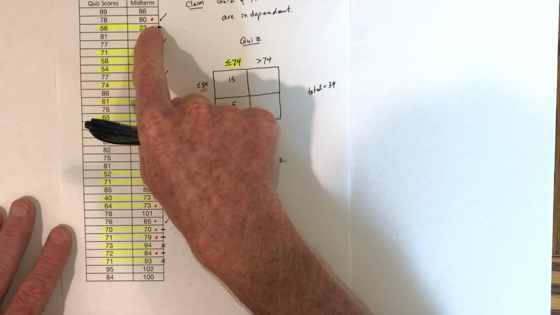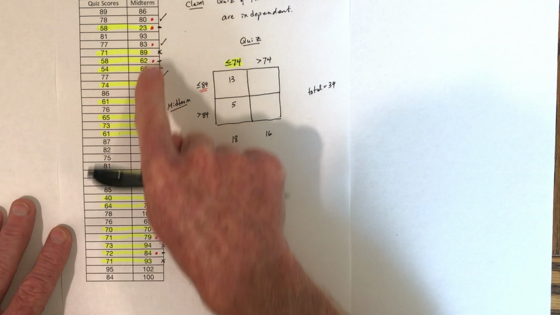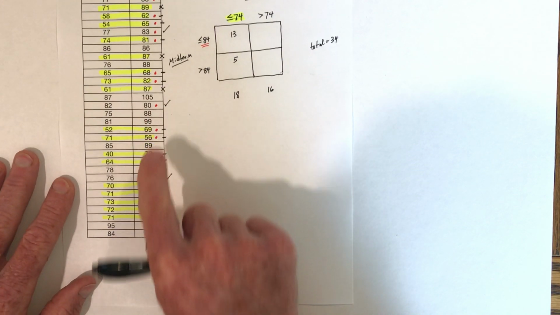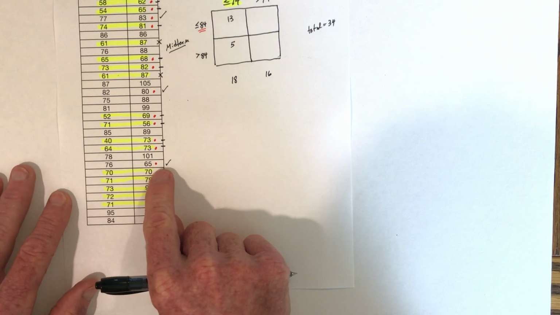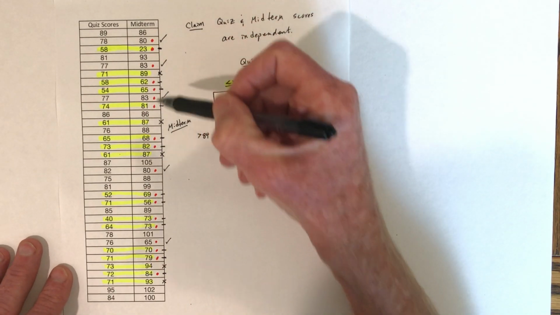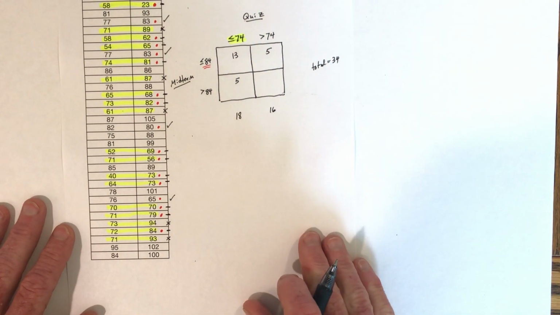So let me just double check. Red dot, but not yellow. Okay, so how many check marks is that? 1, 2, 3, 4, 5. So 5 people go right here.